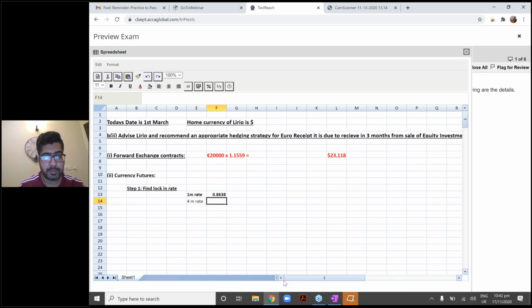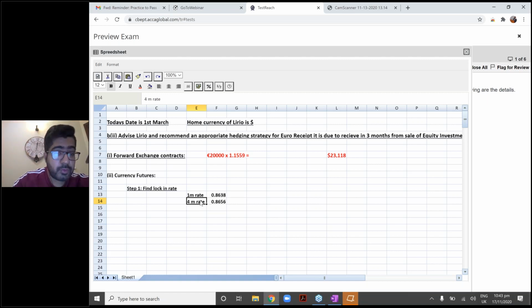So what is the 4-month rate? 0.8656. Correct? You are given the 1-month rate and the 4-month rate, right? 30th March, 30th June. So I took it from today's date, 1st March. It's for 30th March, the 1-month rate, and the 4-month rate.